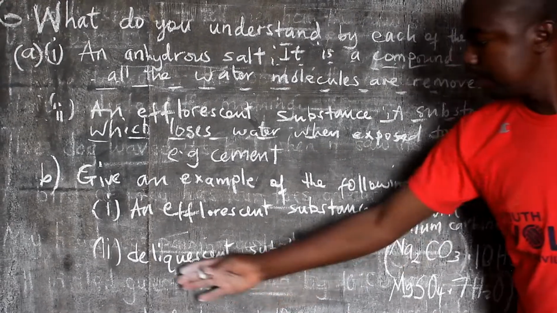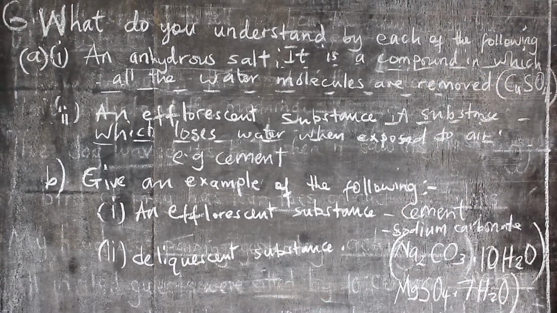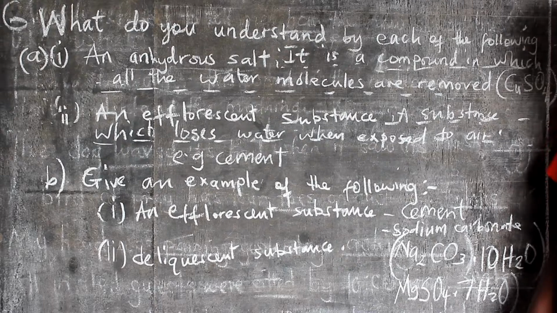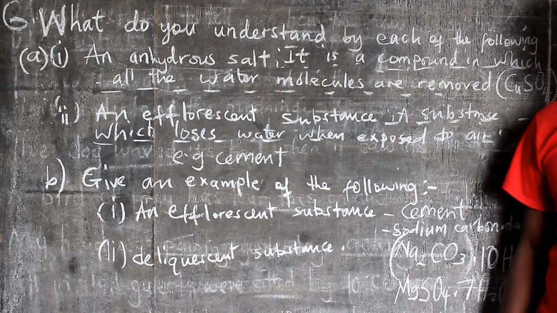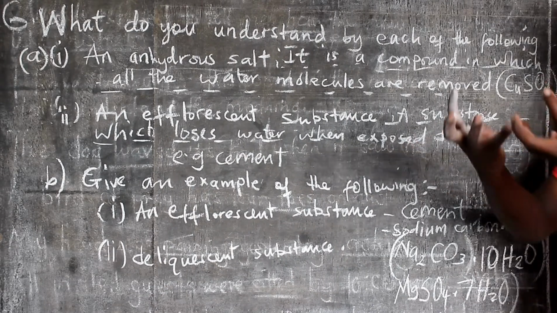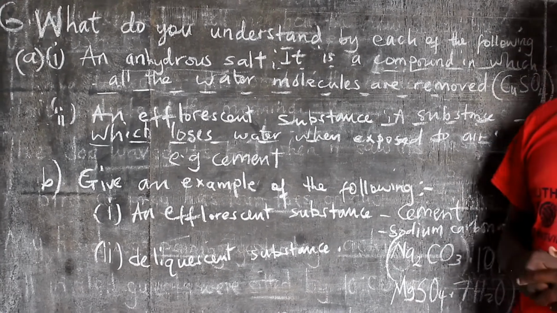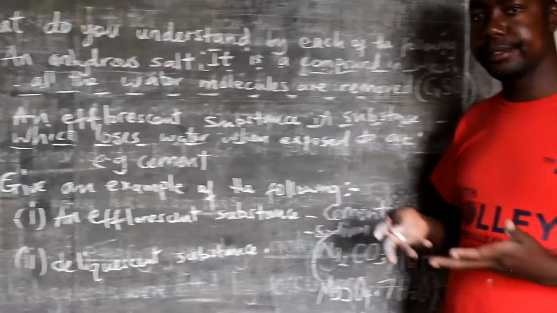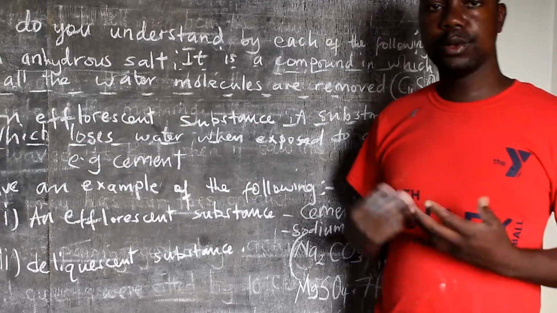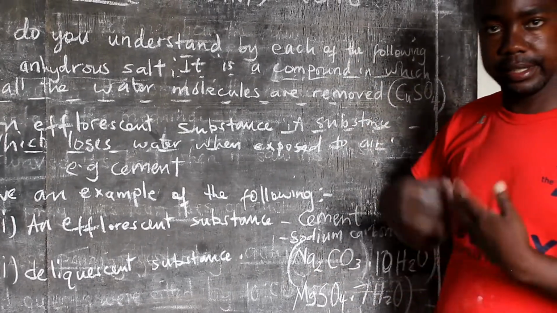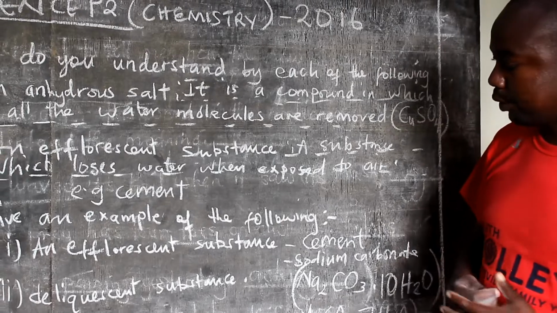Okay, we come to deliquescent substance. What is a deliquescent substance? A deliquescent substance is a substance that absorbs water or moisture and dissolves. After it absorbs the moisture or water, it even dissolves in the same moisture or water.